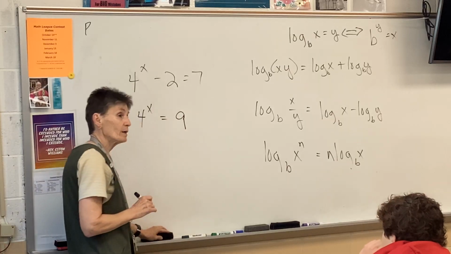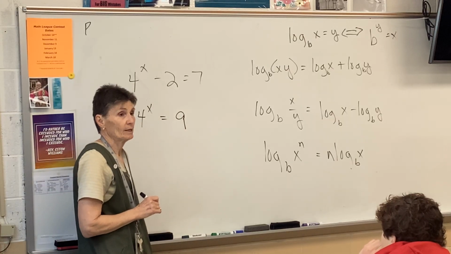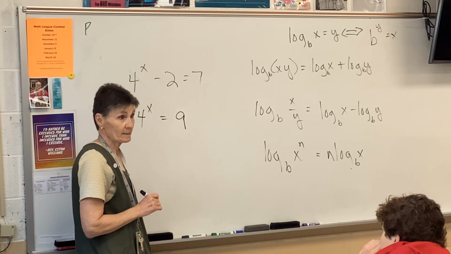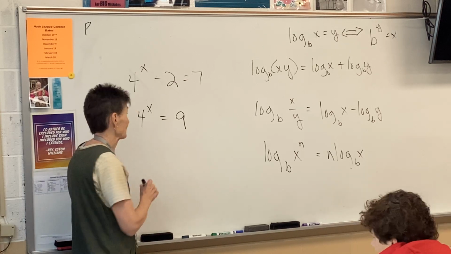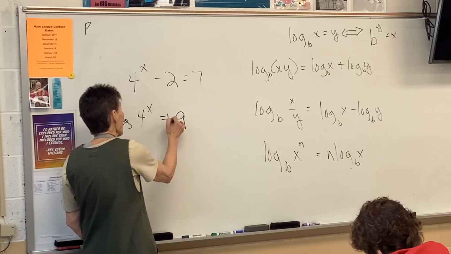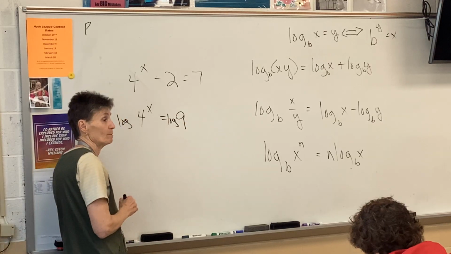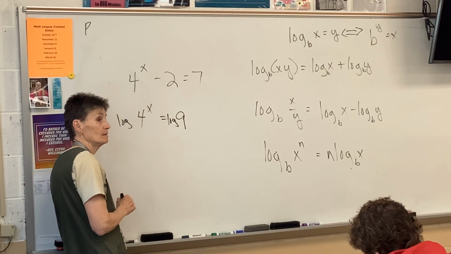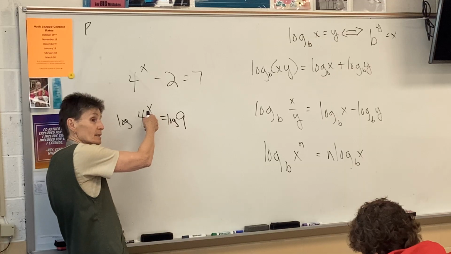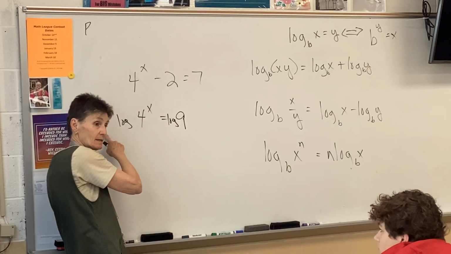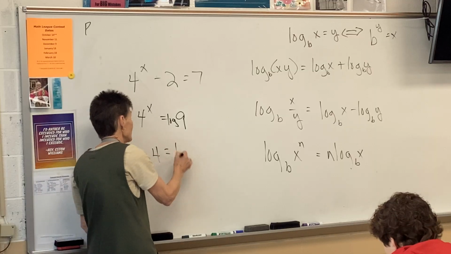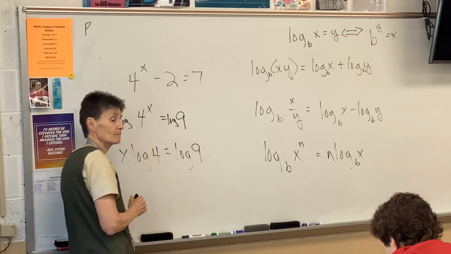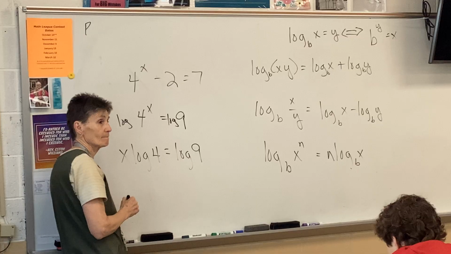So in order to solve this equation, we're going to take the logarithm of both sides. And what happens when we take the logarithm of both sides? The exponent becomes a coefficient. So x log 4 equals log 9.